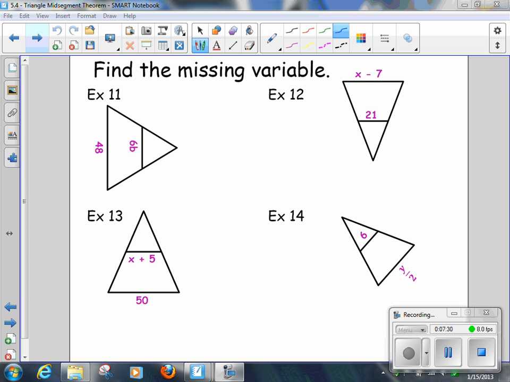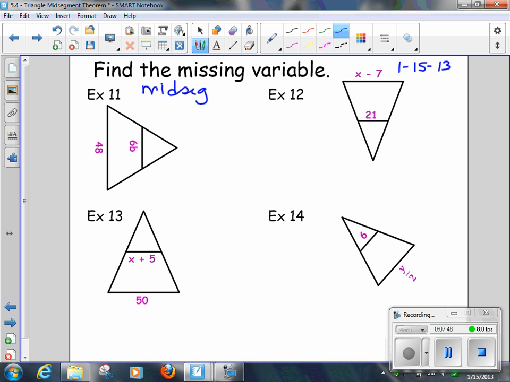So find the missing variable. We've learned, today's the 15th, by the way, not that anybody cares, but we've learned that the mid-segment is what? How is it related to the base? It's half the base. I want you to write that down. Write it in the margin.